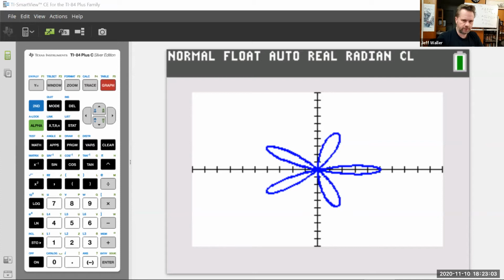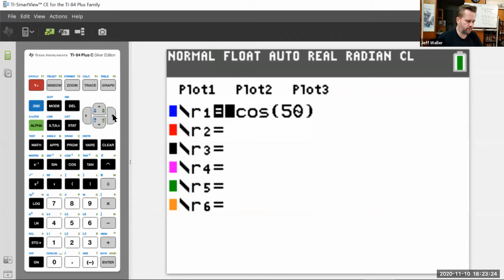Let's see, what else was there I wanted to do with this? I can't remember now. Oh, I see. When you say it only happens, you mean what? Right now, exactly, the graph overlapping.